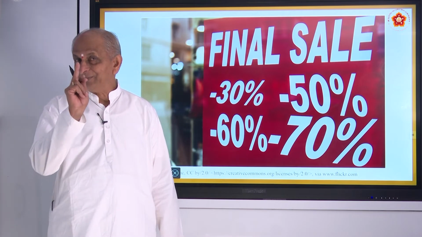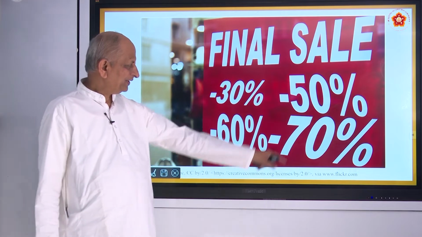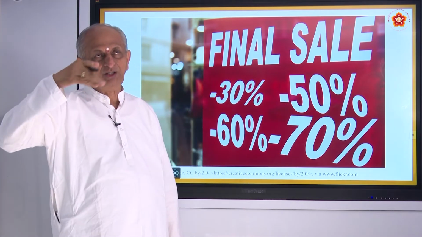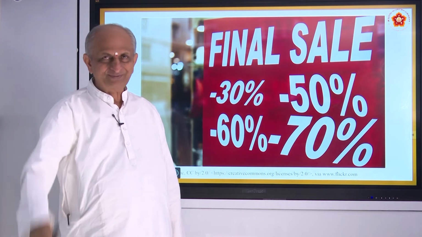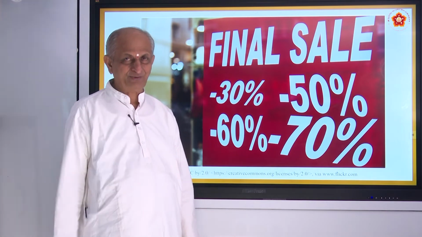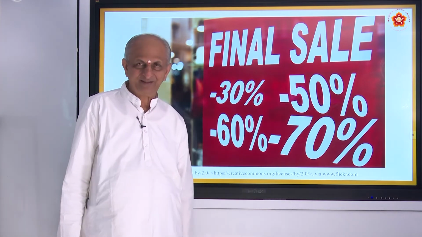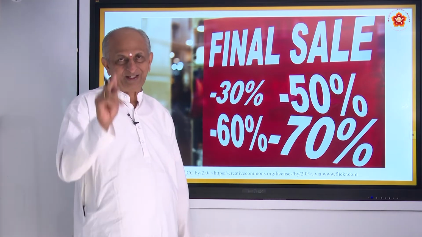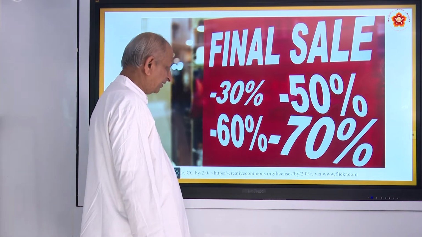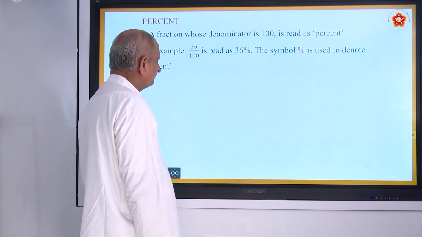You should not be misled. When they give a higher percentage reduction, there will be chances that they may issue old items, second sales. That also you should be careful about. You should not see only the percentage of reduction, you should know the quality also. So be careful while selecting goods, cloth, or an ornament, like that.